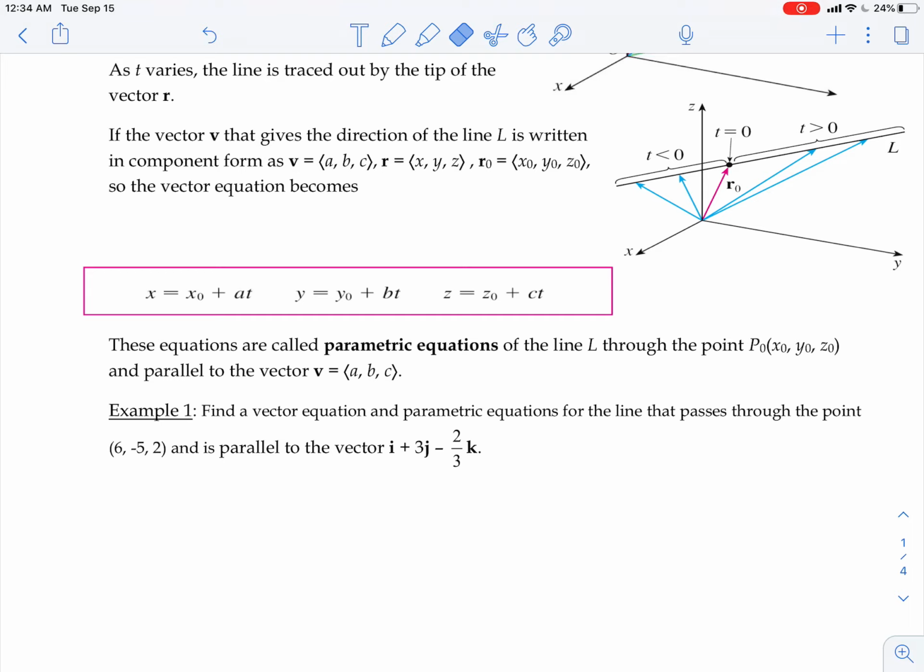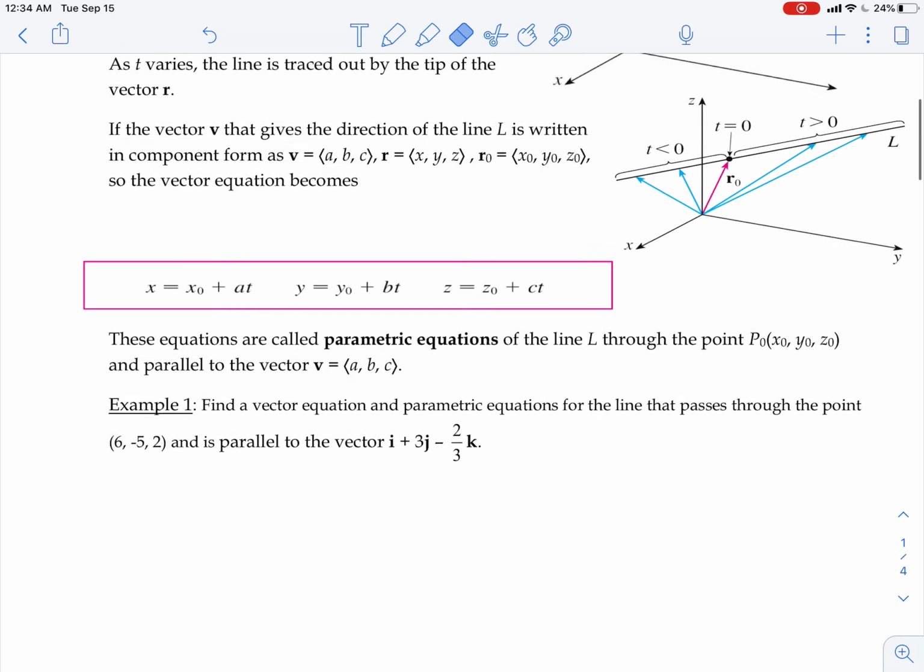And again, these all can be written out as their own equations. So these equations are parametric equations of the line L through the initial point and parallel to the vector a, b, and c. And so what we're going to do is find the vector equation and then the parametric equations for our line.